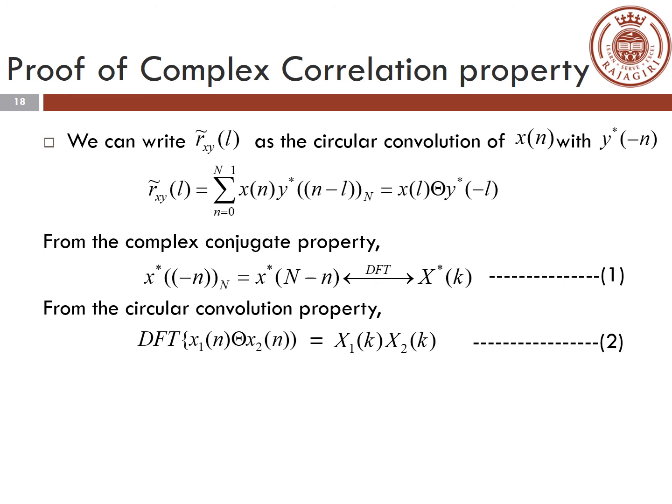Now from the circular convolution property, we know that the DFT of x1 of n circular convolution x2 of n is x1 of k into x2 of k. So if I combine 1 and 2, the final DFT of your complex correlation is going to be x of k into y conjugate of k, because that is what is shown here. So combining these two properties, we can come to the proof very directly within 2 steps.